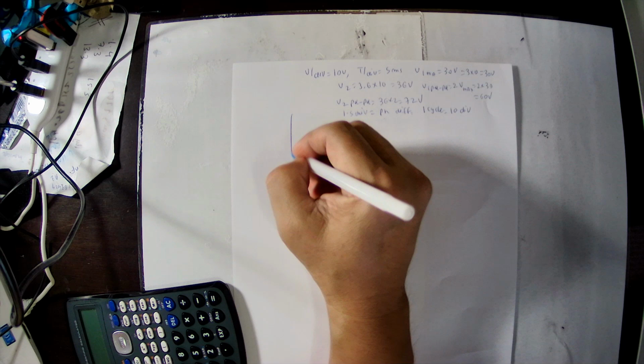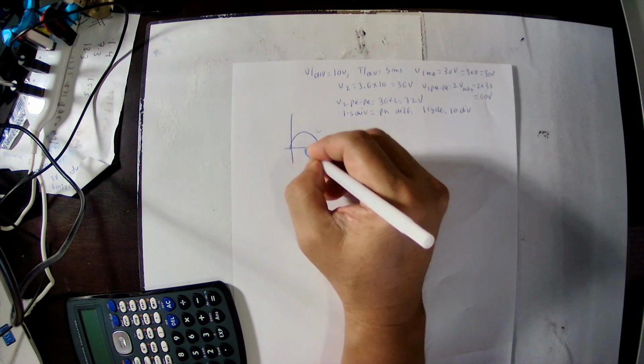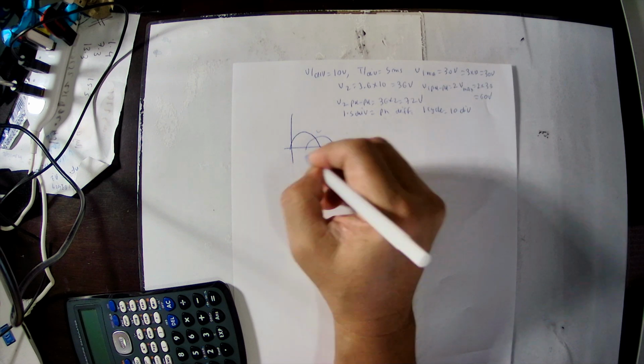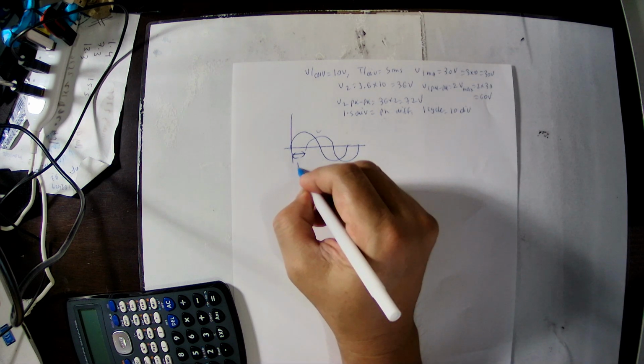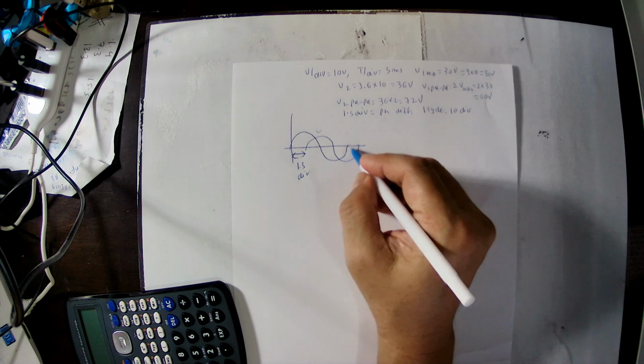Now we can see the phase difference between V1 here and V2 here. The phase difference is 1.5 division. And V1 from here to here, how many divisions? 10 divisions.